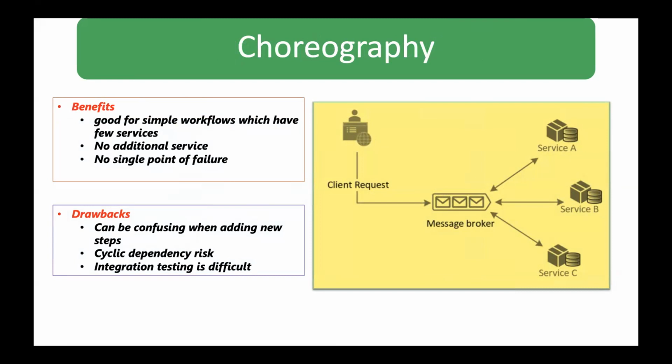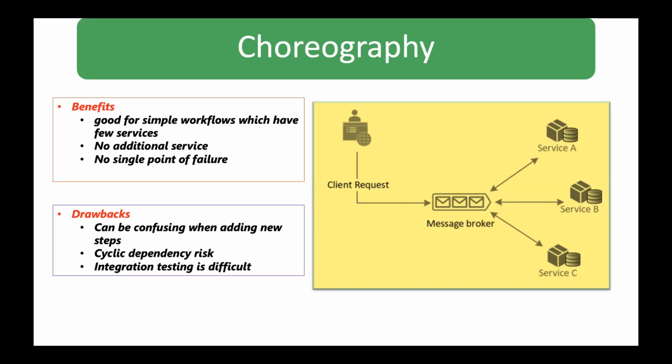Now it invokes another service. When the other service is done, it writes to the message broker and continues. Are we clear? If anything fails, the further transactions would not be executed. That's the benefit you get.